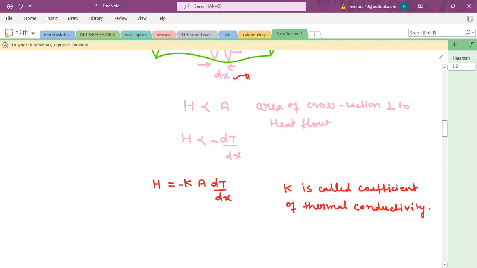Remember this, the direction of current. Here K is the proportionality constant, called the coefficient of thermal conductivity.